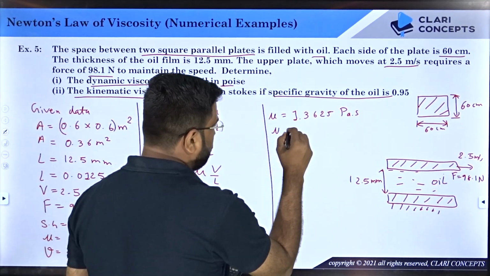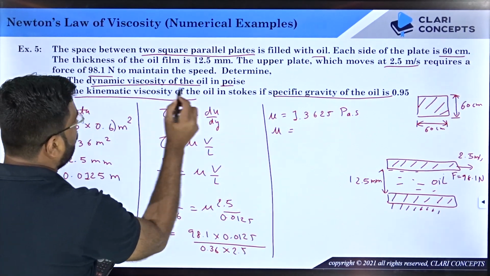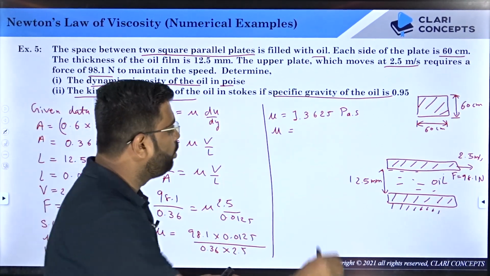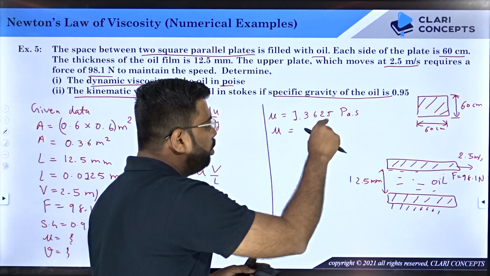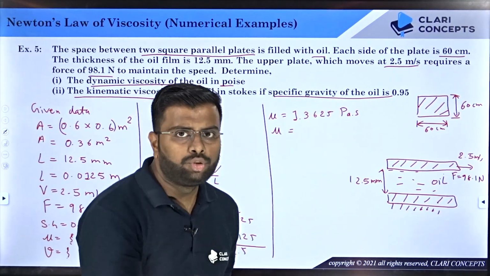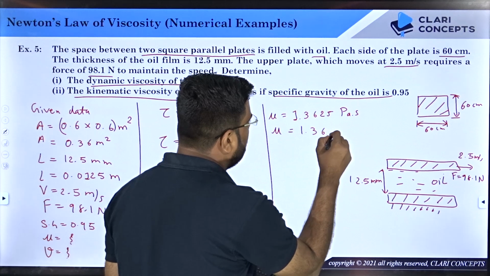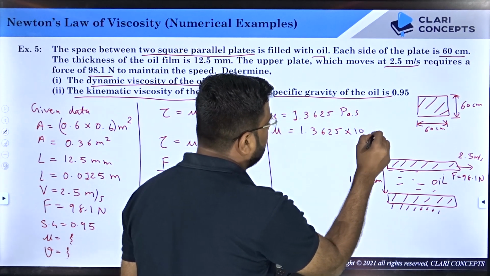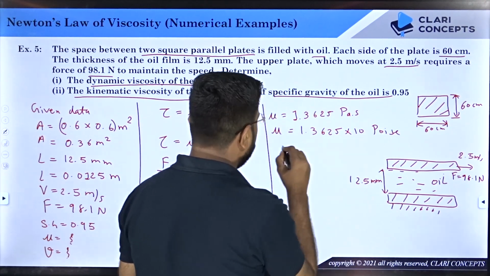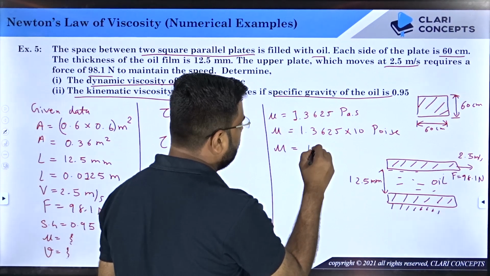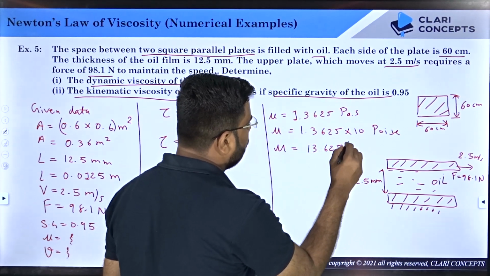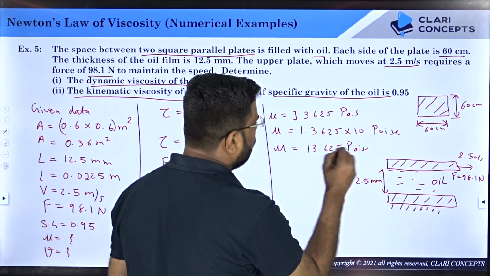Now, because they have asked you the value of mu in poise, when you want to convert the value from SI unit into poise, you multiply the value by 10. So you multiply this value by 10 and you will get this in poise. Right, so mu will be equal to 13.625 poise, which is your first answer.